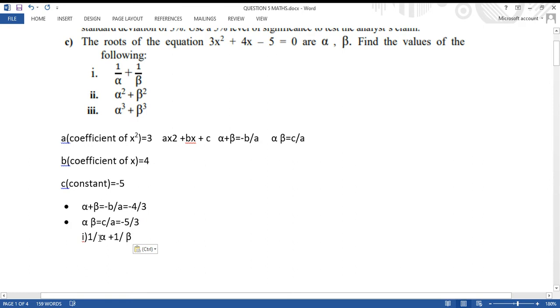We're going to solve it just like the way we solve fractions. We find our common denominator. Our common denominator is alpha beta.